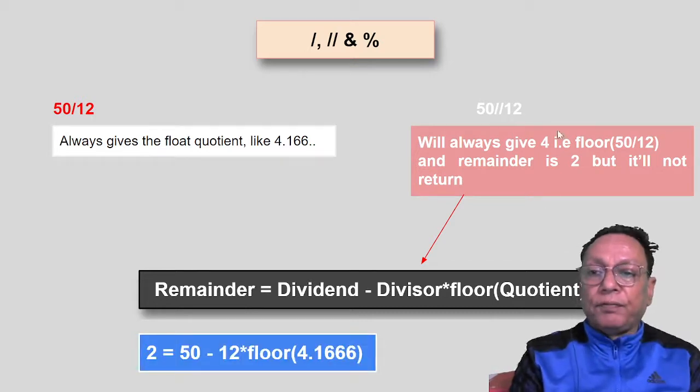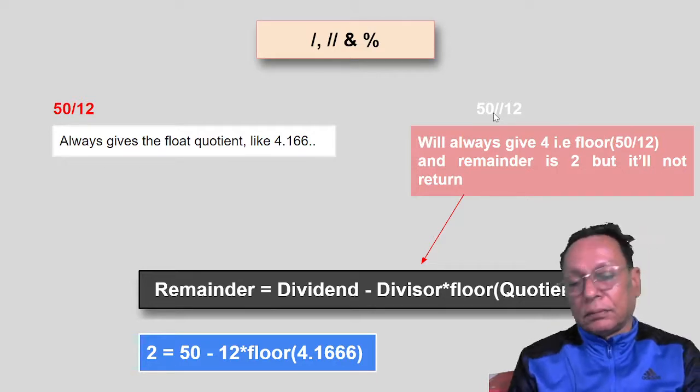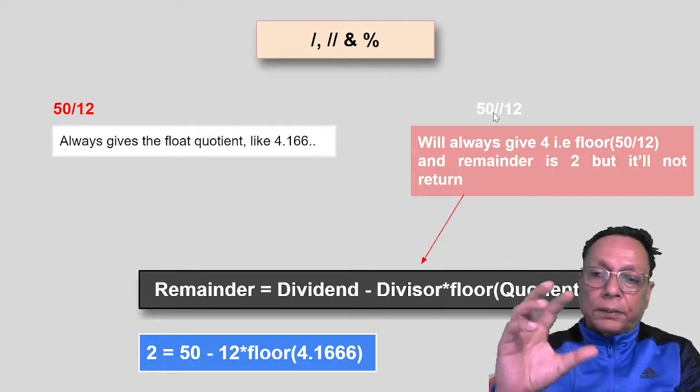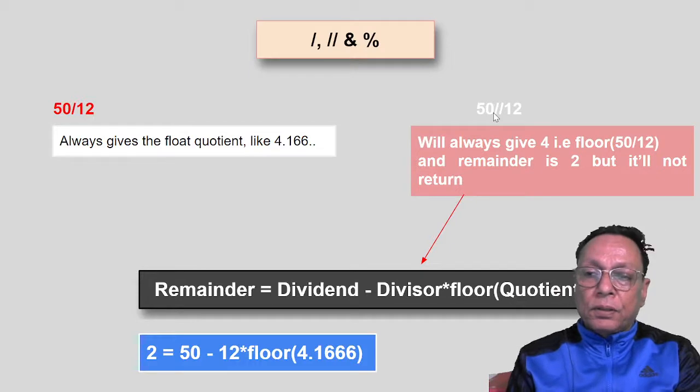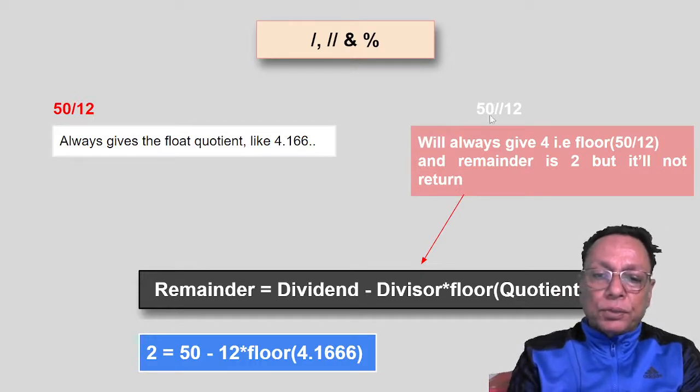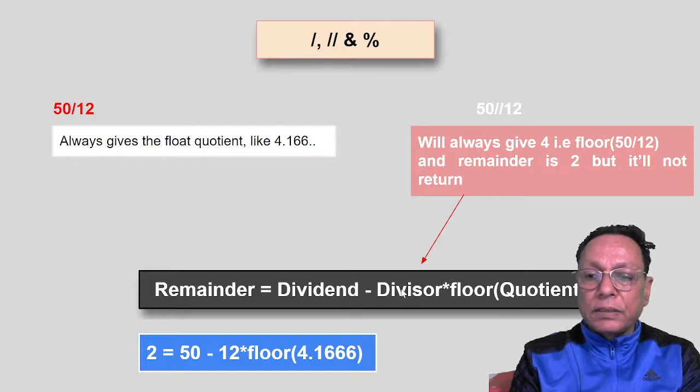If you divide 50 by 12 and extract the floor division, the remainder is 2. So see, apply this formula. Remainder is equal to dividend minus divisor into floor of quotient.